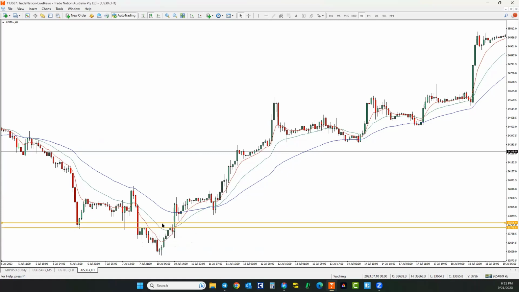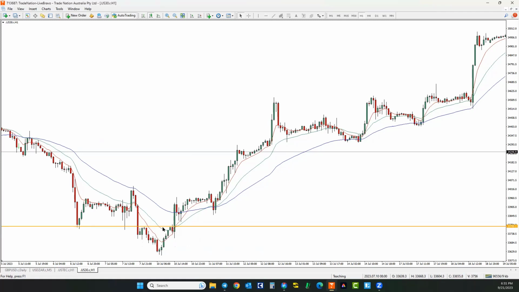Take the bodies, take the wicks, tiny little thing there, and I'm just going to leave it on the wick of that first neckline. And then we had the left shoulder there, and we had a little spiked right shoulder here.